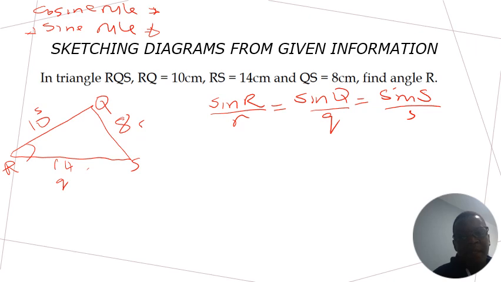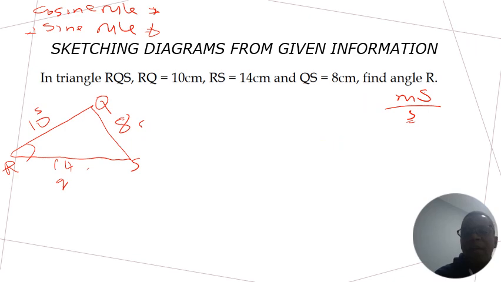So what it means, sitingakhale ndi element imodzi, section imodzi imene tikudziwa zonse. In this case, it's R amene tikufuna timpeze, which means we'll have this one. But on this one, we can only have that one. We don't know Q. On that one, we can only have that one. We don't know that one. Okay, so in this scenario, sine rule cannot work. We need to find another rule now, which is cosine rule.